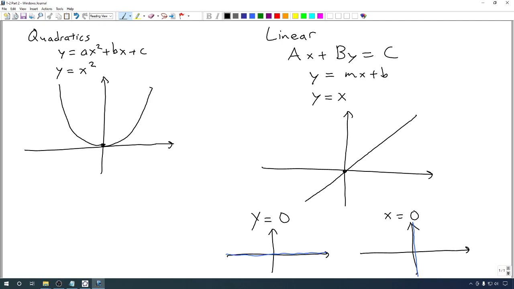If we didn't know we had a line and we just plugged in some values, we'd have a bunch of points along here, but we wouldn't ever be entirely sure that we did have a straight line. But once we can recognize the format, once we can recognize the structure of our equation, then we can get more information from that structure.